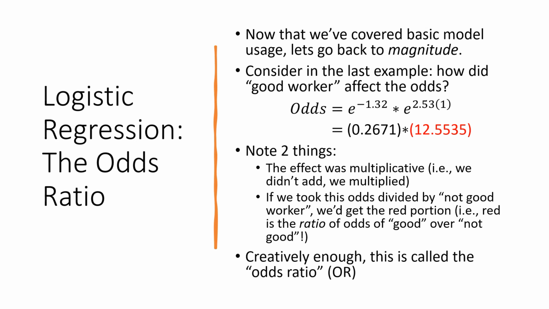It's the ratio of two different sets of odds for two different situations. In our particular case, 12.5535 is the ratio of the odds of being a good worker divided by the odds of being a bad worker, or the multiplicative increase that being a good worker has on your odds over being a bad worker.